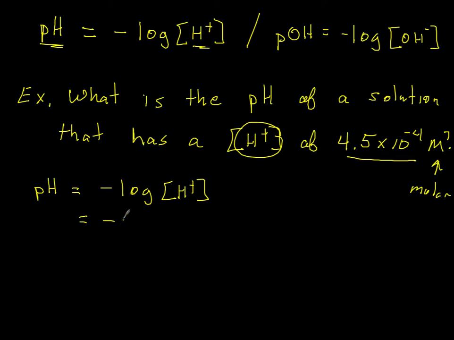All you do is stick that number in: negative log of 4.5 times 10 to the negative 4th. Punch that into your calculator, and you're going to get 3.35 as the pH. You'll actually get a negative answer when you do the log of 4.5 times 10 to the negative 4th, but then you have a negative in front, so the negative of a negative is a positive. And so we get 3.35.